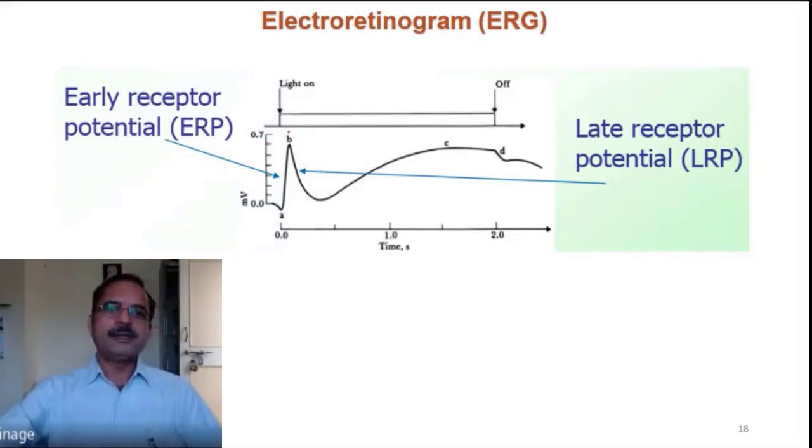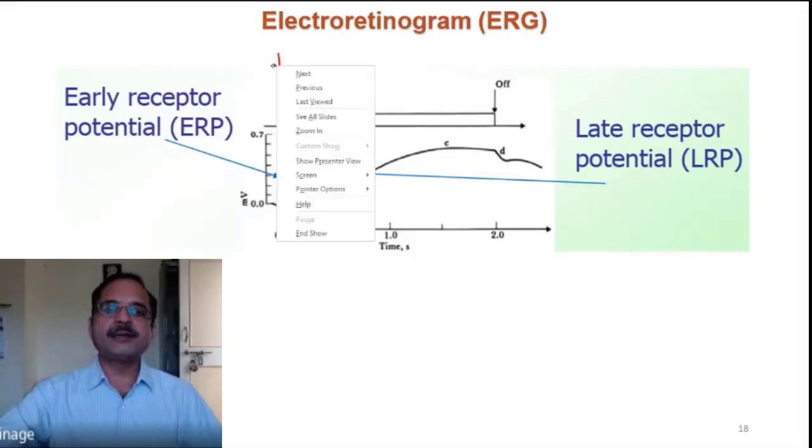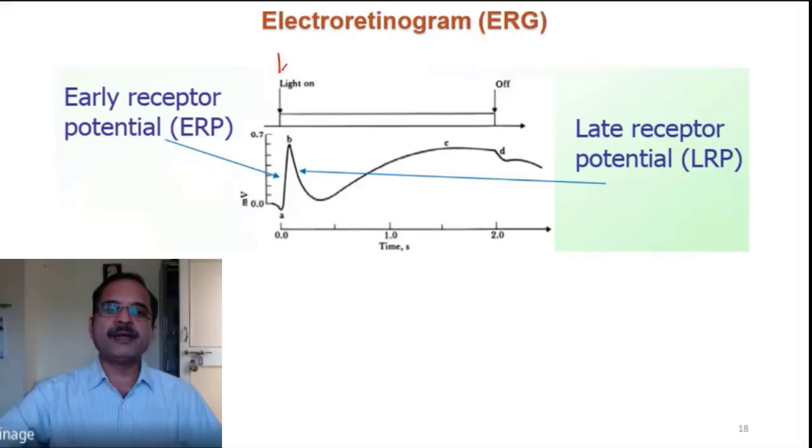Now, this is a typical graph of this electroretinogram. What you see here, at this point we are giving some stimulus. Some flash of light is given at this point. So light is on.